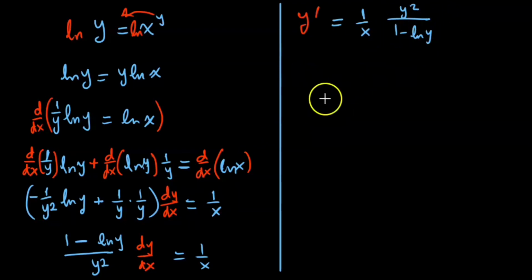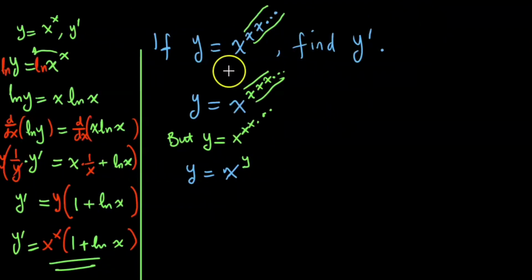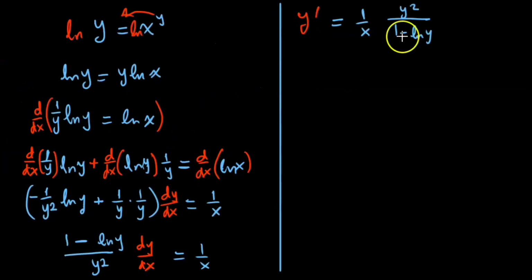But we can rewrite this using the fact that y is given as x raised to the power of x raised to the power of x, and so on. So you want the right hand side to be written in terms of x because we're differentiating y with respect to x. So y prime is, well, this is y squared.